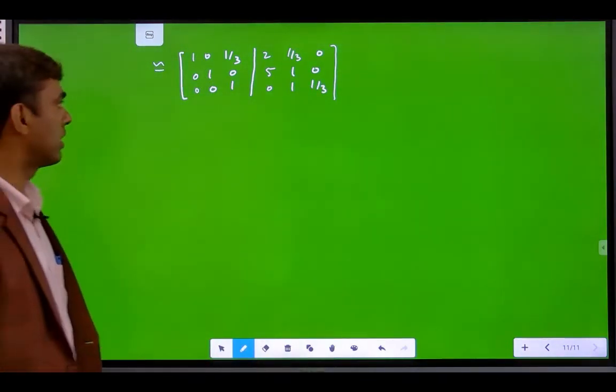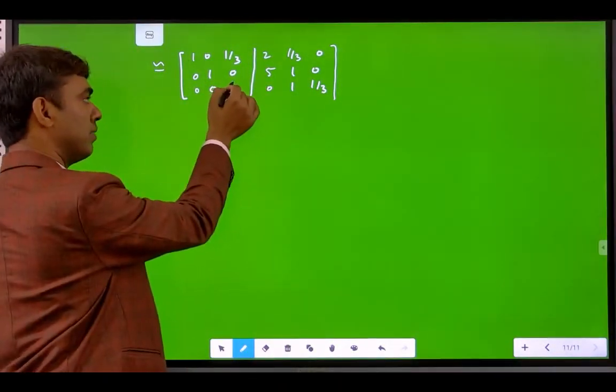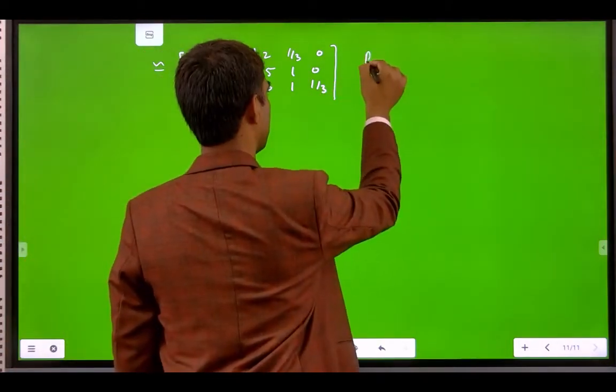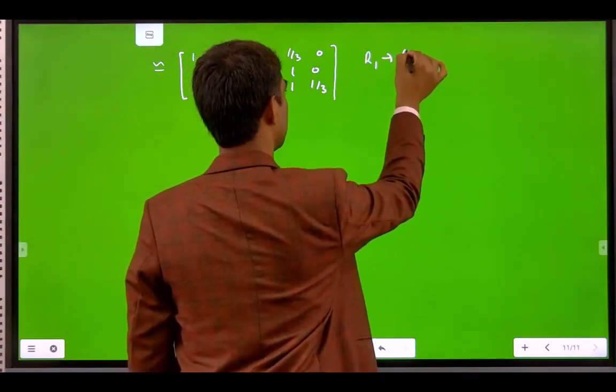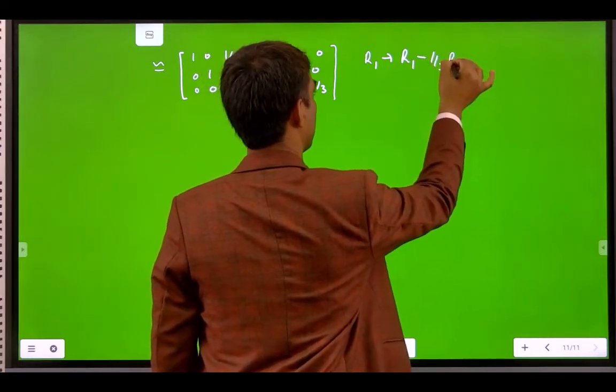Now we perform the elimination: elimination of the third variable from the first and second equation. For this one, we perform R1 tends to R1 minus 1 by 3 R3.